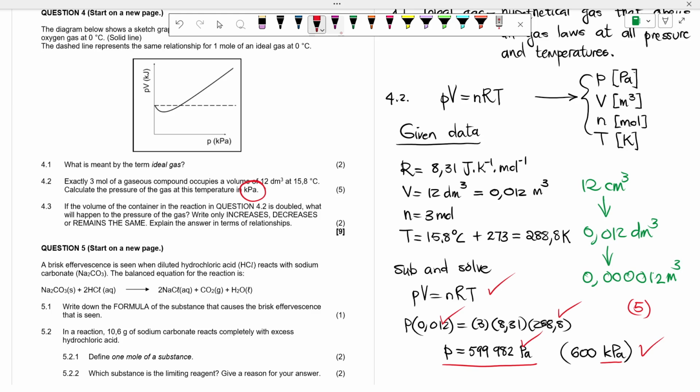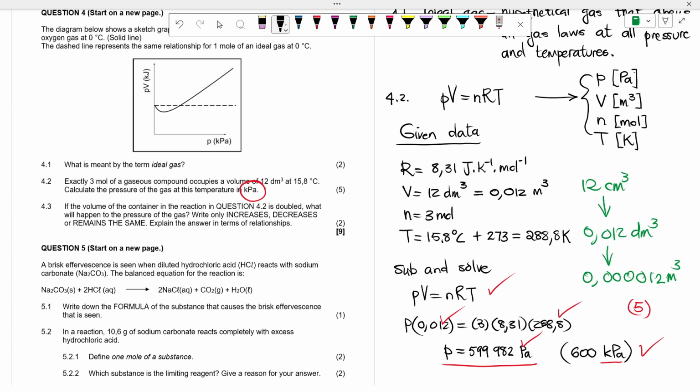Okay, then I'm sure you already know which question they will have even before I read it. Okay, maybe not quite. Let me see. If the volume of the container in the reaction in question 4.2 is doubled, what will happen to the pressure? That one is pretty straightforward.